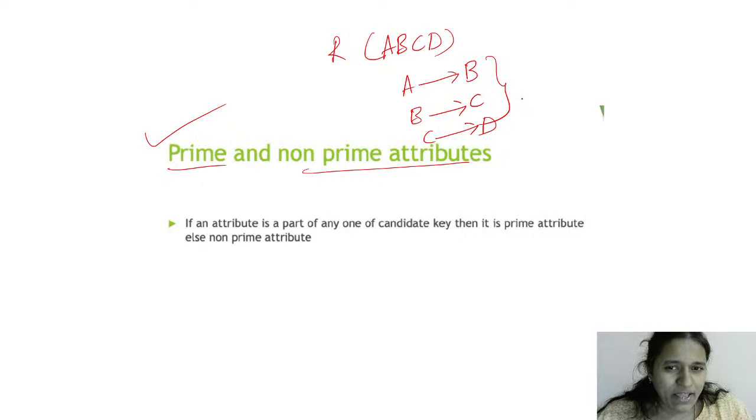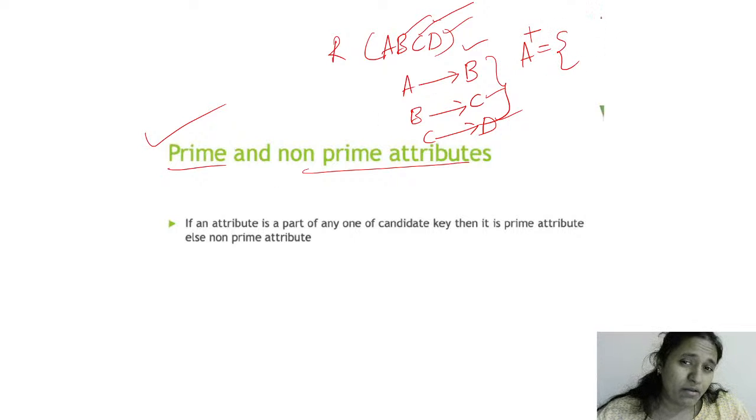Whichever attribute is present in the relation but not present in the right hand side, that will compulsorily come under the primary key or candidate key. Here B is there, C is there, D is also present, but A is not present on the right hand side. That means A must be present in the candidate key.